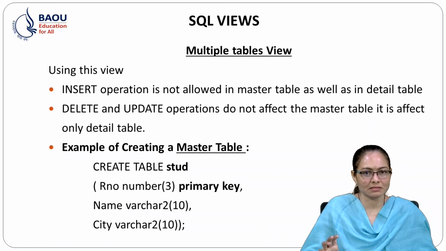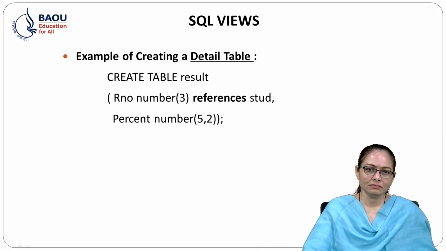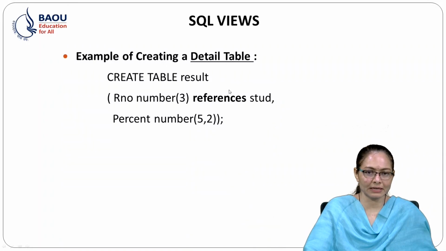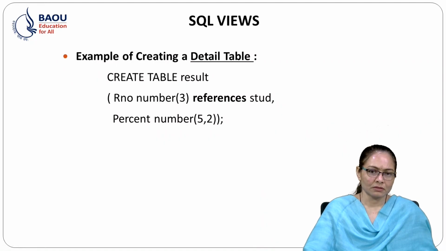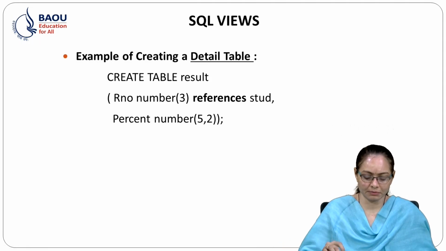The master table includes the primary key and is called the master table or parent table. Now, creating the detail table, that is result. In the result table, roll number references the student table. So the result table is related with the student table.